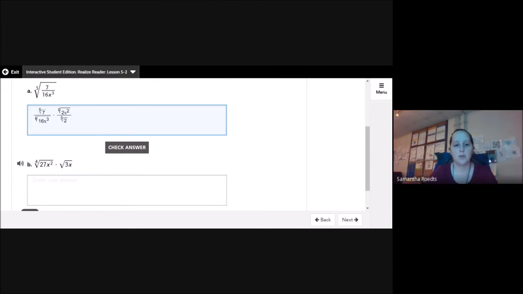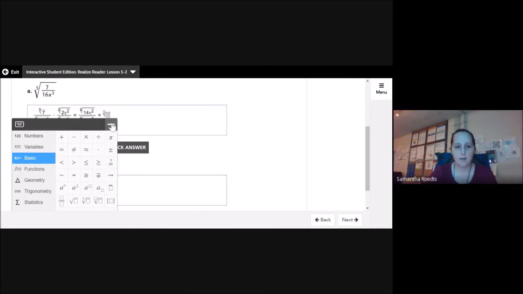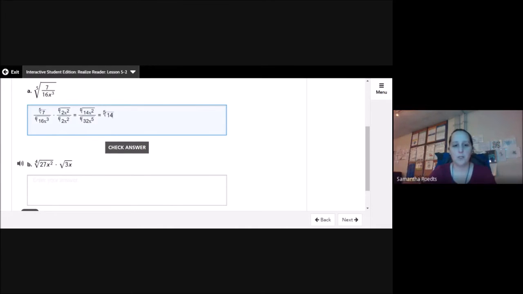This gives me the fifth root of 7 times 2, which is 14x squared, and then the fifth root of 32x to the fifth. So this equals the fifth root of 14x squared, which can't be simplified any further, over 2x.